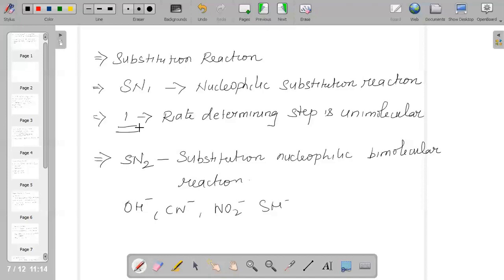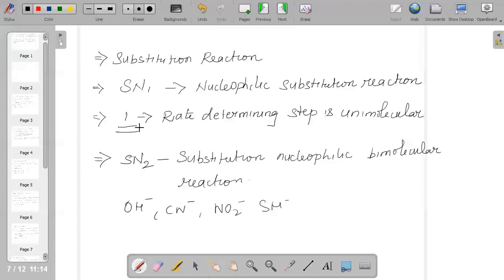But what happens with the SN2 reaction is this reaction follows second order kinetics, and the rate of the reaction depends upon both the haloalkane as well as the participating nucleophile. This reaction we call the substitution nucleophilic bimolecular reaction.